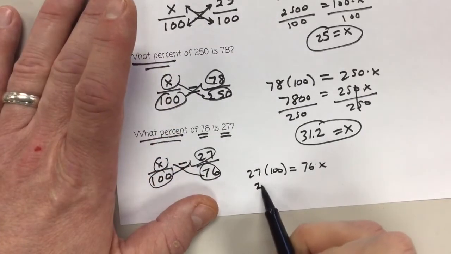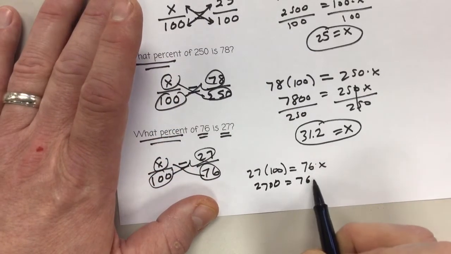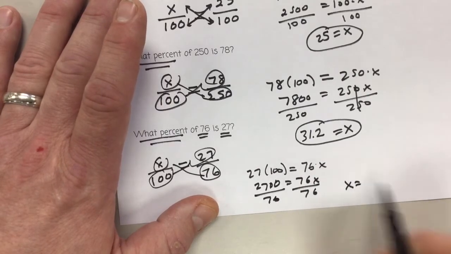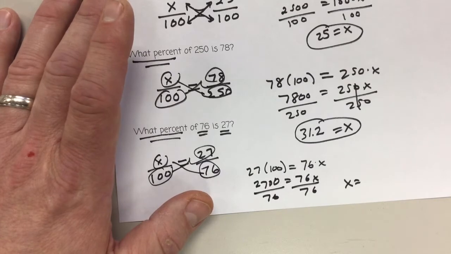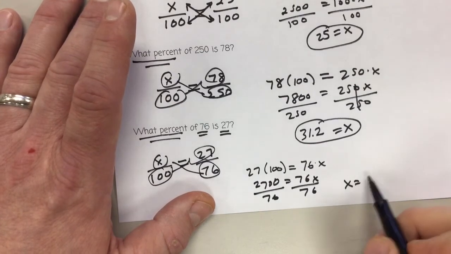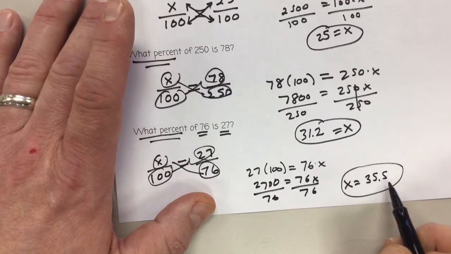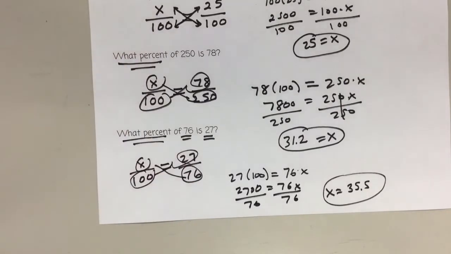So 27 times 100 is 2,700. Divide both sides by 76. So it's 2,700 divided by 76, 35.5. You can round these answers to the tenths place, so 1 decimal point.